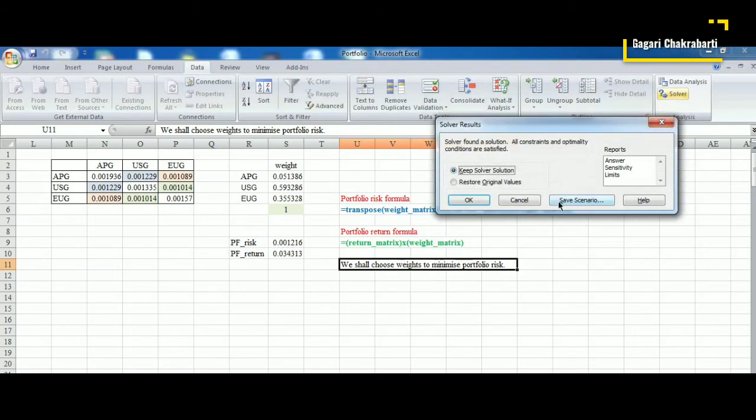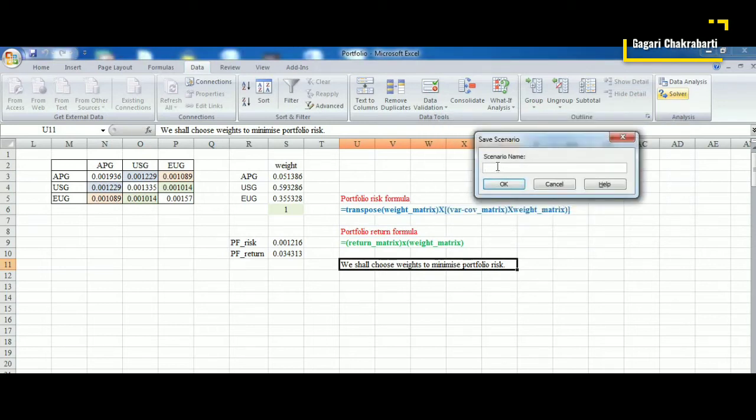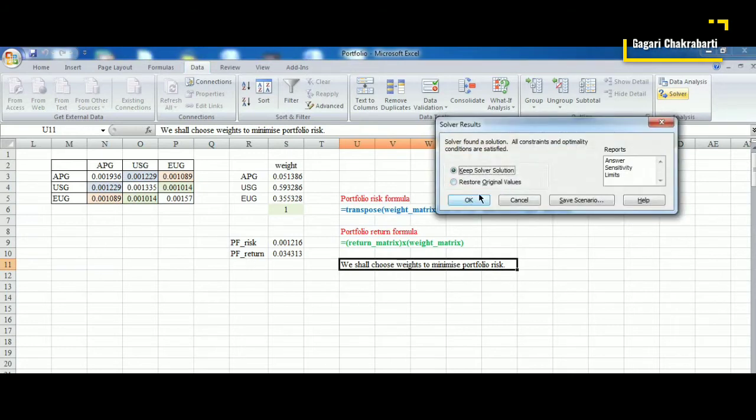When we solve, you can save this case as a scenario. So we are saving this case as case 2 in the scenario manager. Case 1 will be our equally weighted portfolio.